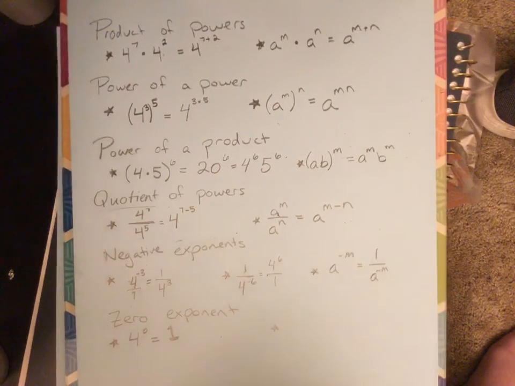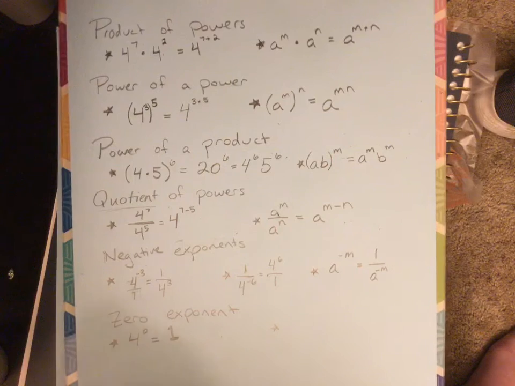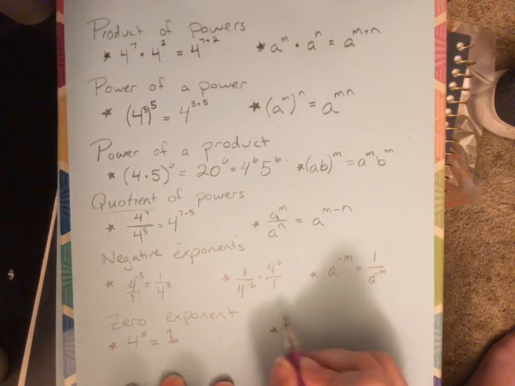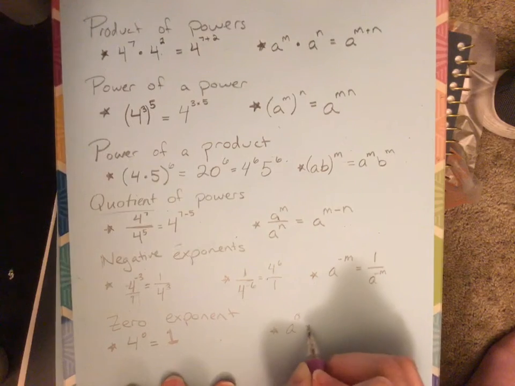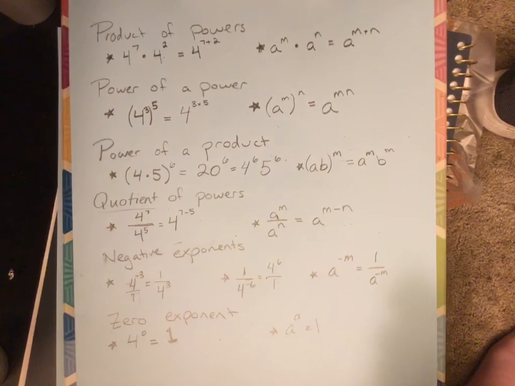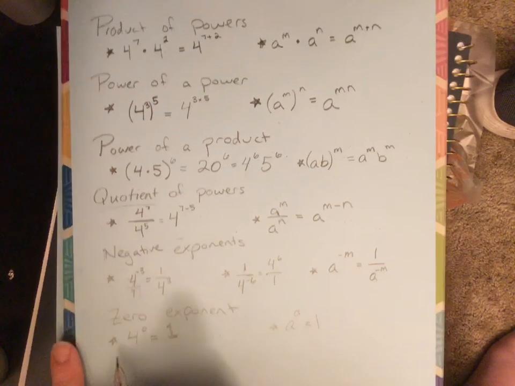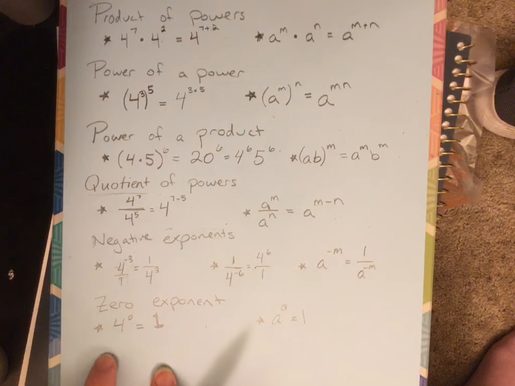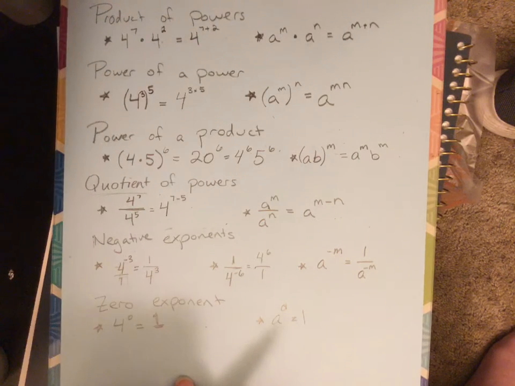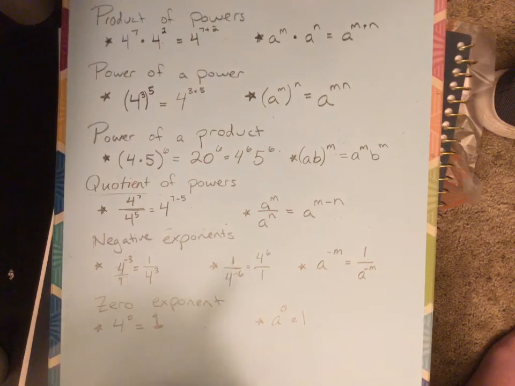If I ask you what is anything to the 0 power, it is 1. a to the power of 0 is 1. Now, 4 to the power of 1 is 4. I can't raise anything to a power and get 0, except 0. Yes, I know.